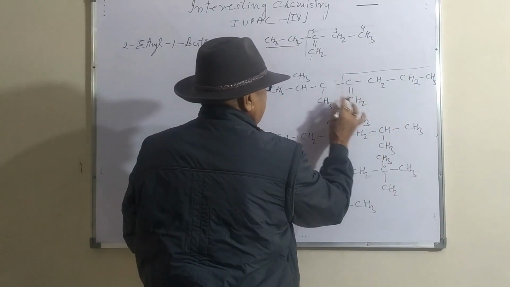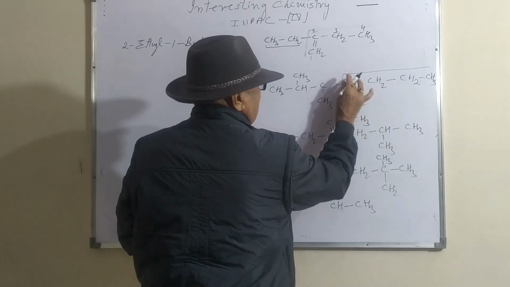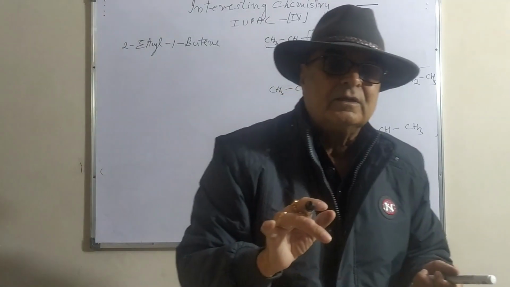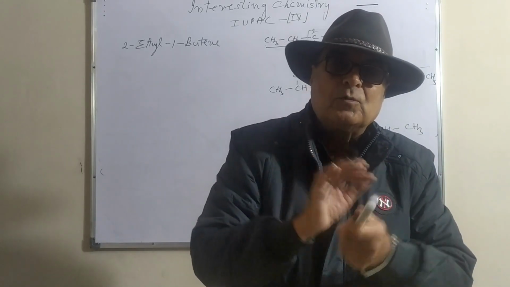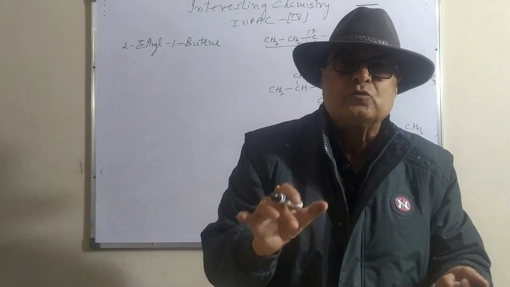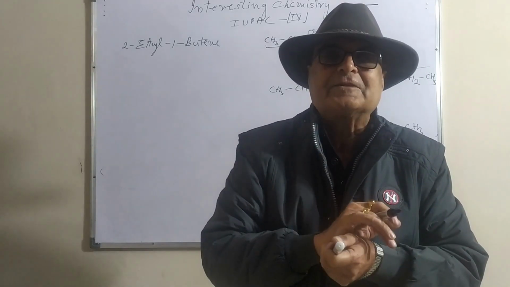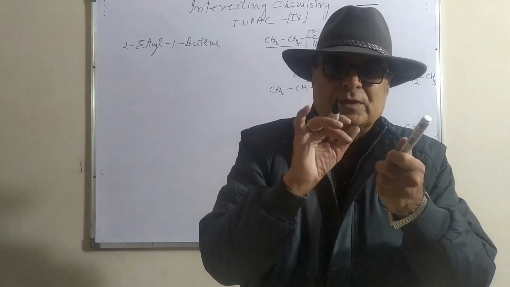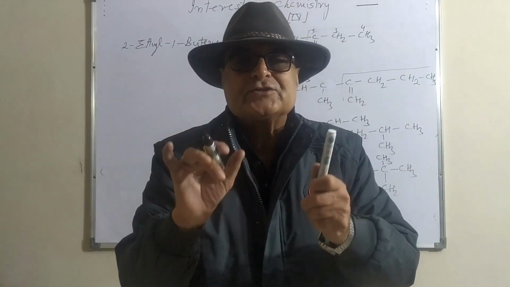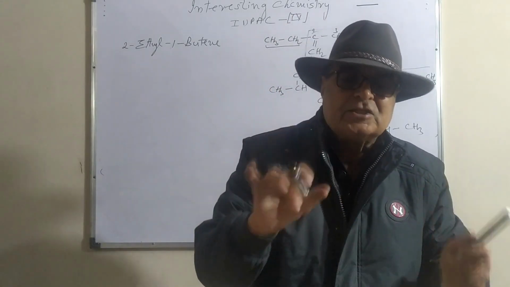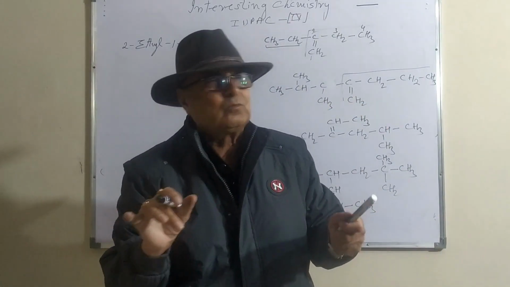Again, if I say this is the longest chain, 1, 2, 3, 4, 5, there are two longest chains having the same number of carbon atoms. So which longest chain will you select? You will select the longest chain that has the maximum number of substituent groups.